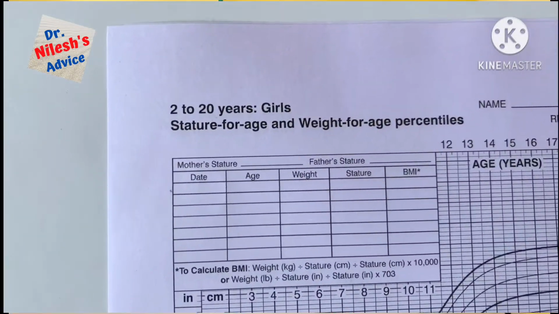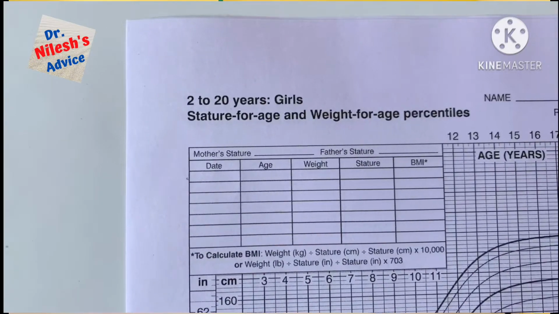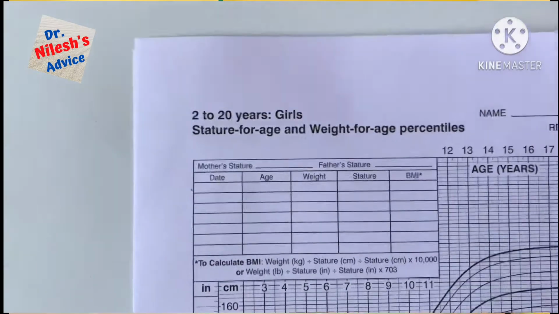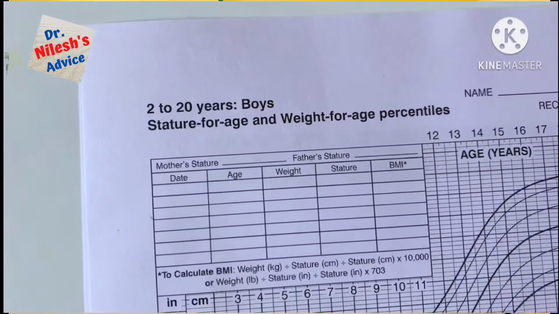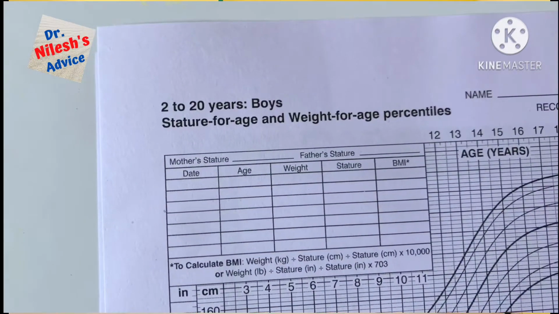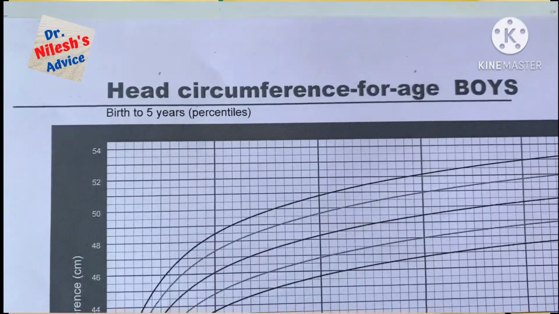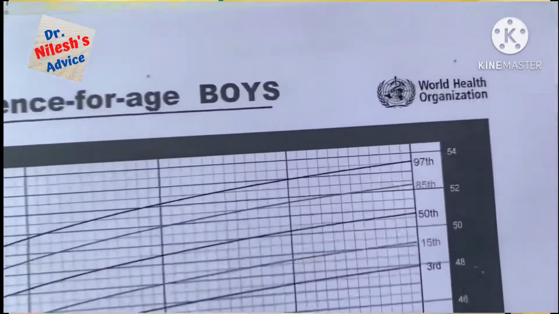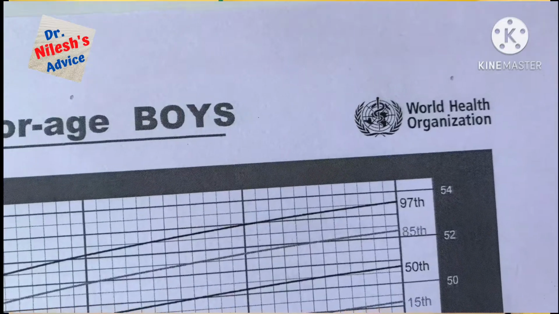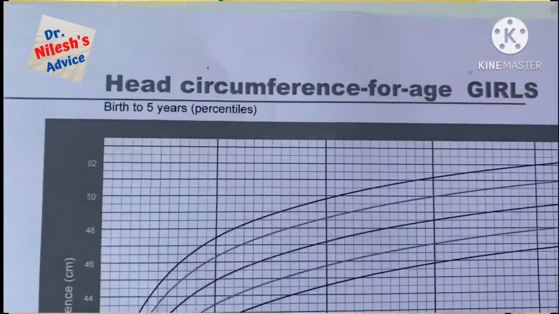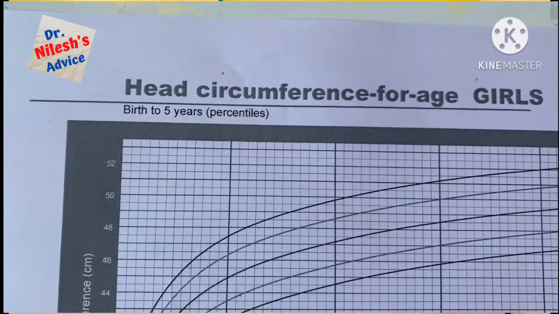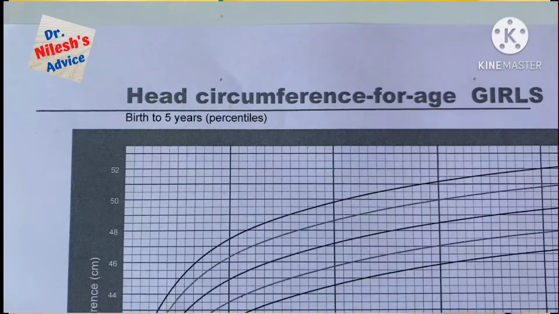This one is for 2 to 20 years girls. This one is for 2 to 20 years boys. This is the chart of the head circumference for the boys, and this is the growth chart of the World Health Organization. This growth chart is for the head circumference for age for the girls.